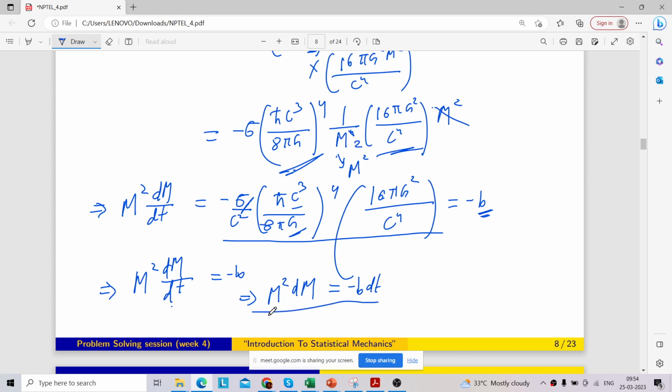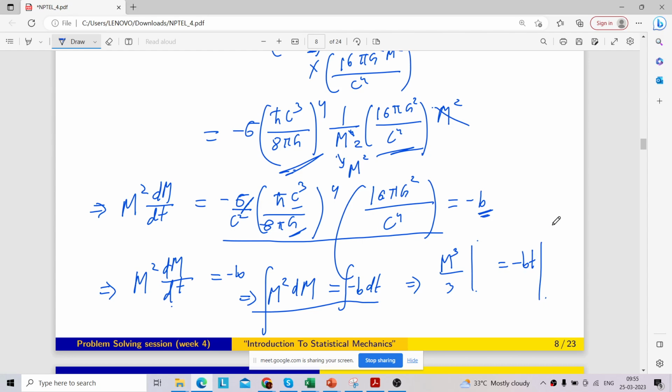Then to get the mass of the black hole, what I have to do is integrate both sides. Limits we will decide later. So it will be m cubed over 3 with some lower limit and upper limit, equal to minus b t from some lower limit to upper limit of time.